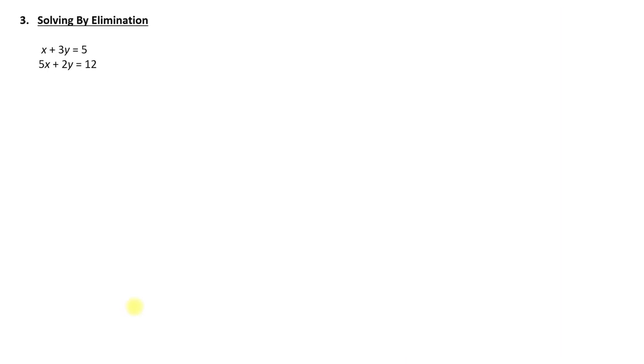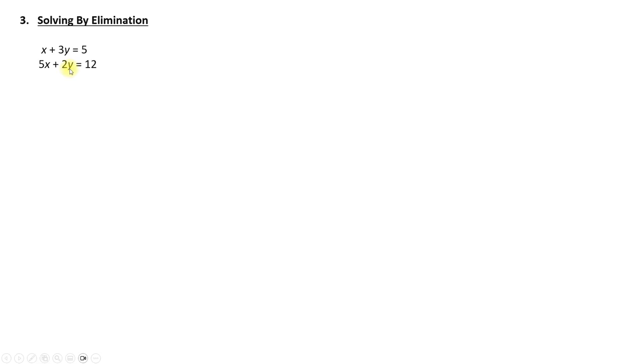In question 3, we'll solve by elimination. What we need to do is try and get rid of either the x's or the y's, either by adding or subtracting these together. Now, as it stands now, we don't have the same x values or the same y values.